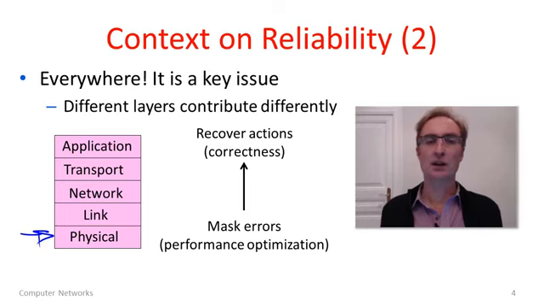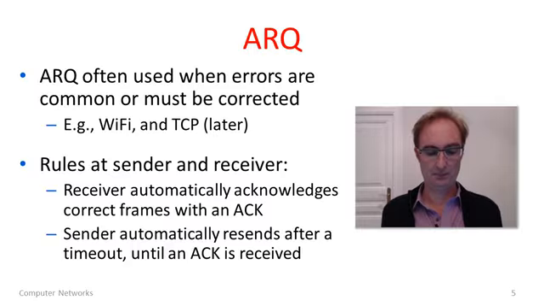No amount of scrubbing the bits as they go over to detect and correct any transmission errors will handle these scenarios. So the higher layers of the protocols will also need their own functionality to handle reliability. This functionality is mostly then concerned with correctness and usually recovery actions rather than performance and masking errors. Okay, so that's reliability in general.